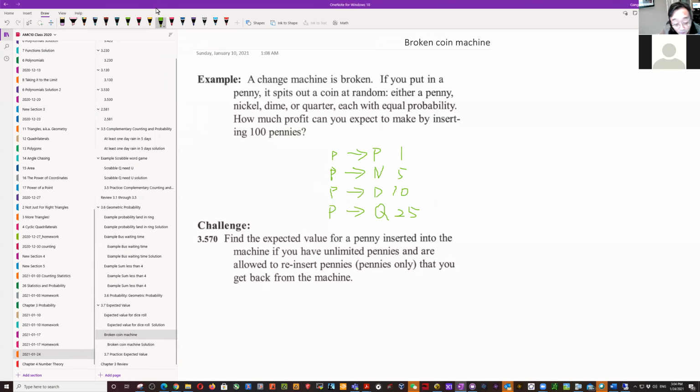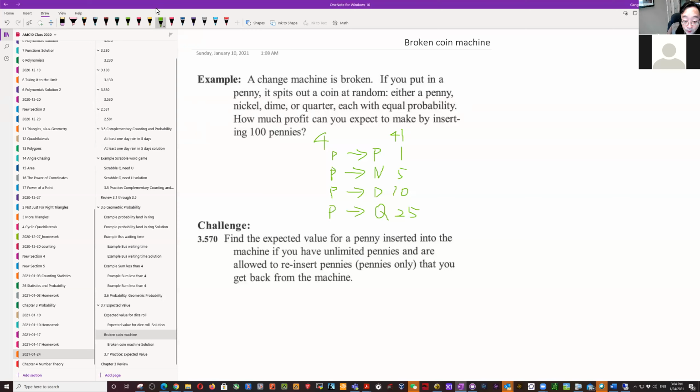Basically, for 4 pennies, in a perfect situation this represents all the equal-probability outcomes, and if you add them up, you get 41.